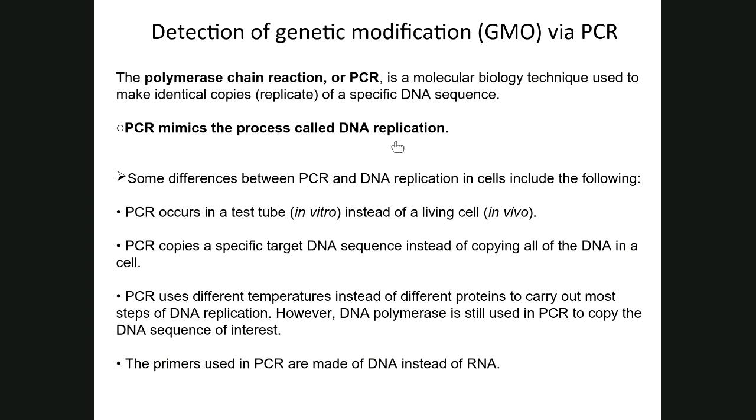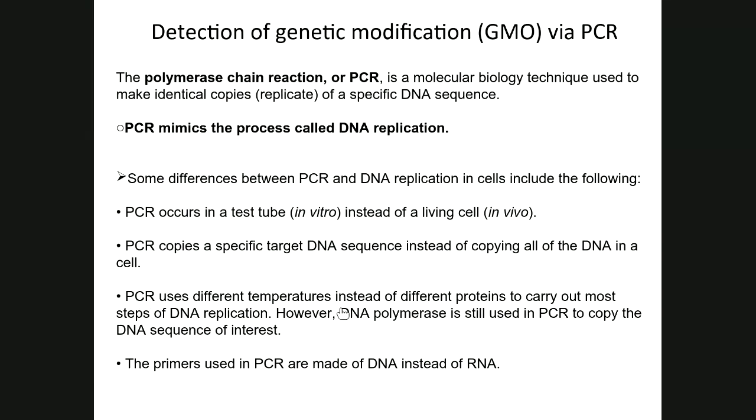Now, some differences between PCR, which is DNA replication in vitro, and DNA replication in a living cell, which we say is in vivo. Well, one, PCR is in a test tube, in vitro, versus DNA replication in a living cell, which is in vivo. With PCR, you determine what you want to replicate. So PCR copies specific target DNA sequences, unlike in a living cell, where DNA replication copies all of the DNA in that cell.